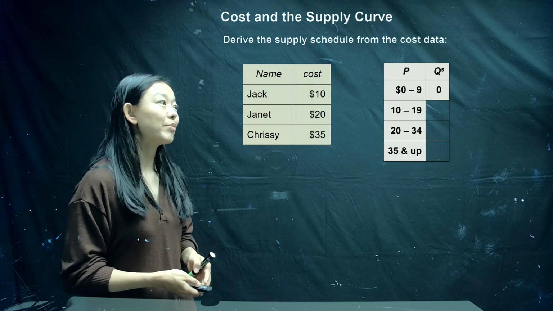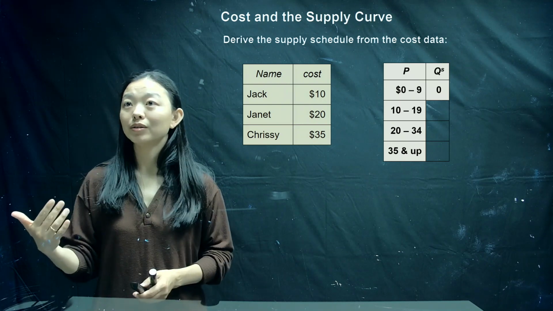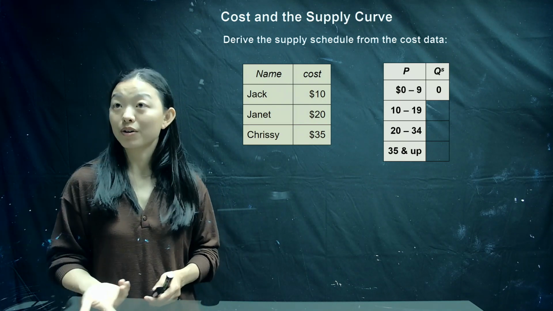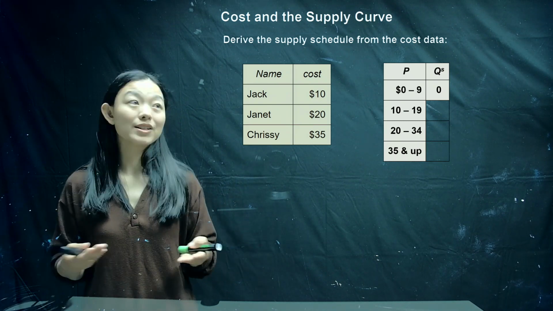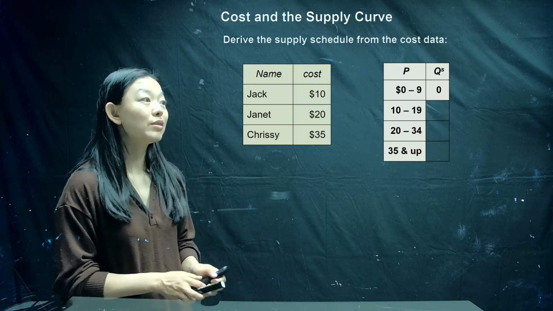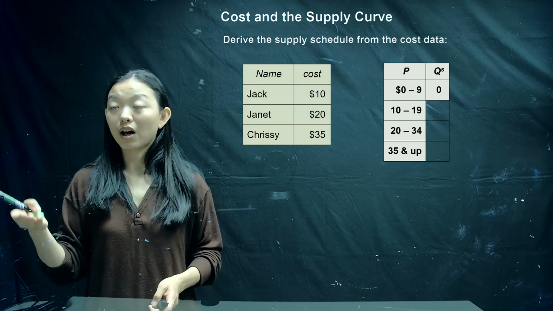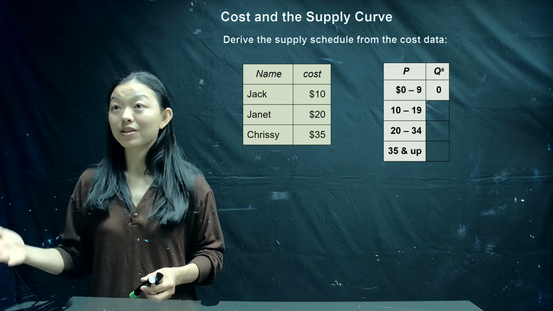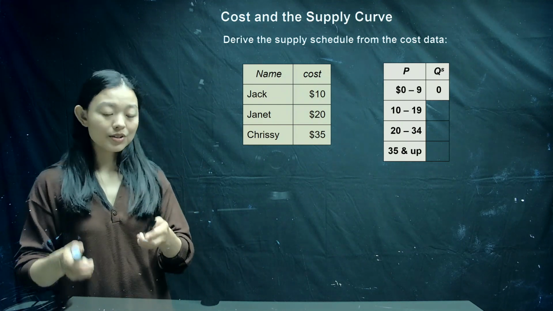So for example, if the market price now for lawn cutting is just below $10, so 0 to 9, then no one will offer this type of service, right? Because the lowest cost among those three sellers is Jack's, and his cost will be $10. But now the market price is still below $10, so no one will offer the service.